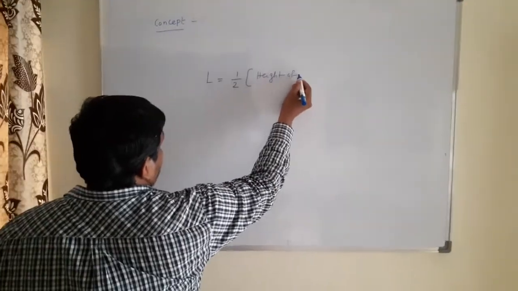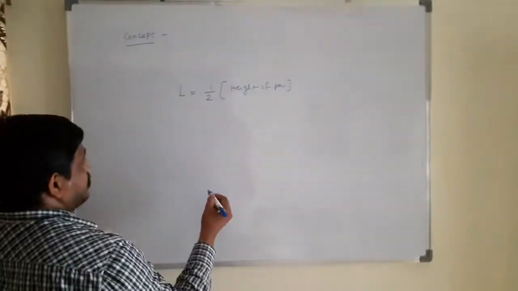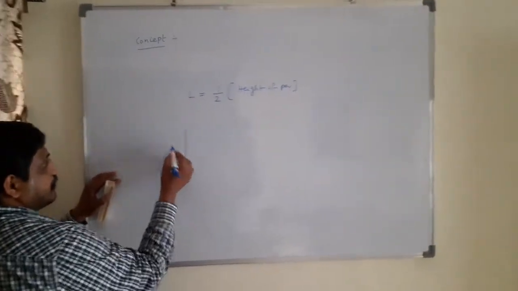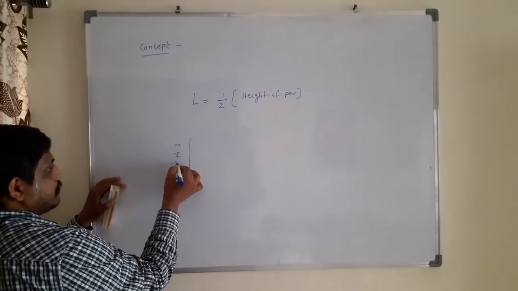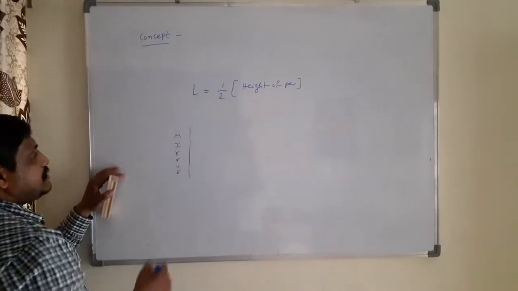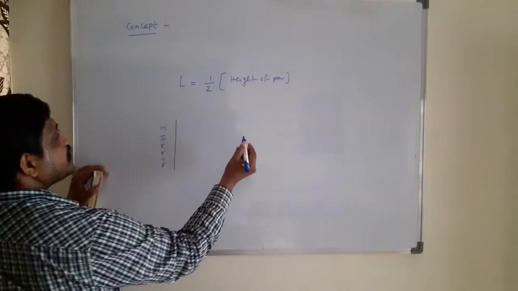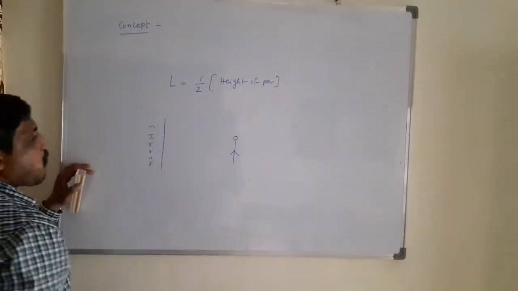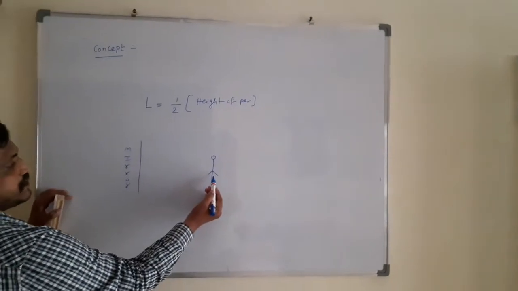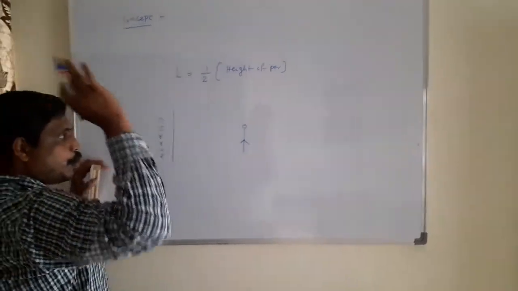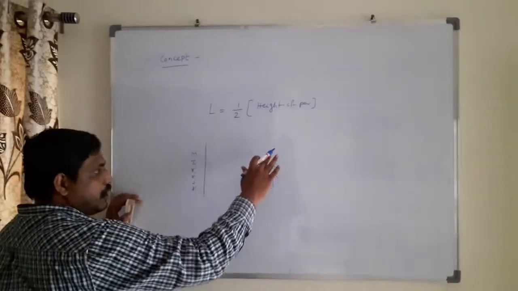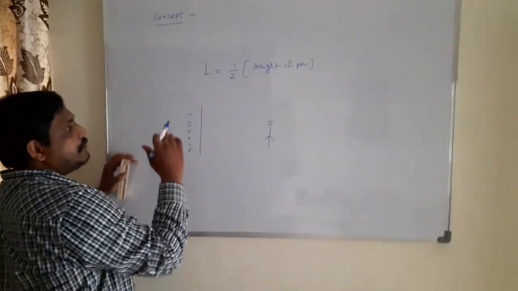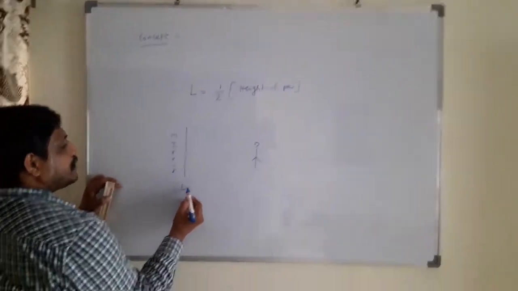Once again I repeat, for example, this is the plane mirror, and this is a person looking here. For this person to see the full length of their own image in the mirror, what length of mirror is required?